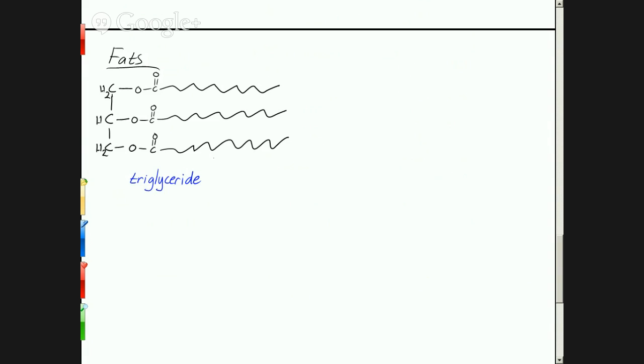Now these individual parts of it, when they break off on their own, are the fatty acids. And depending on the makeup of those chains, they can either be saturated, meaning straight chain like they are here, no double bonds, or they can be unsaturated, meaning that they have the double bonds.